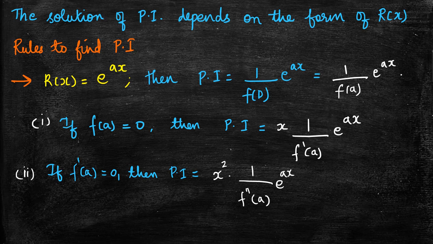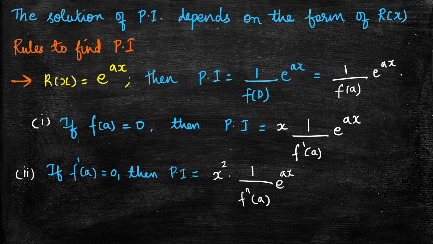So you are going to differentiate that d function once, write this x term before, and after that again substitute a in all the d terms in your equation. This will be the maximum you do.